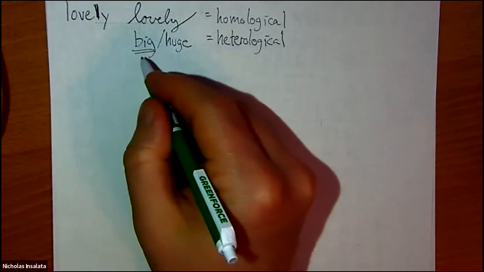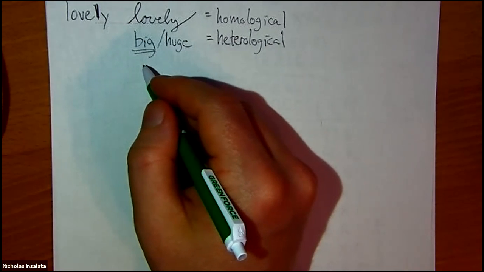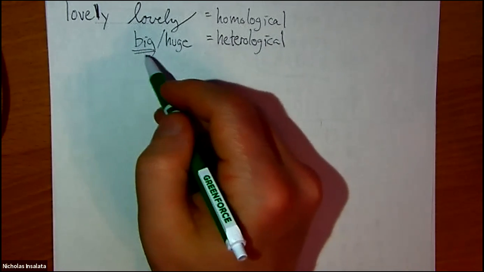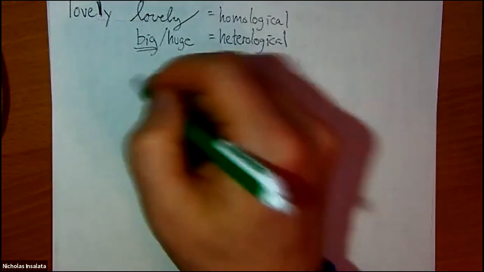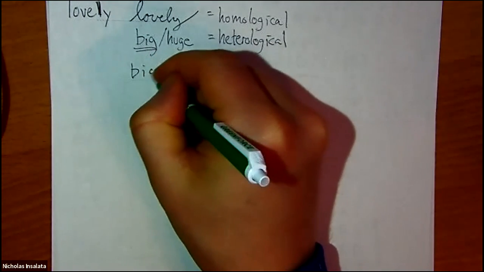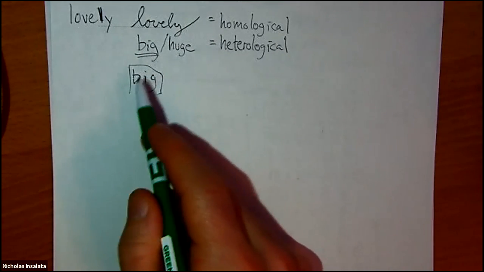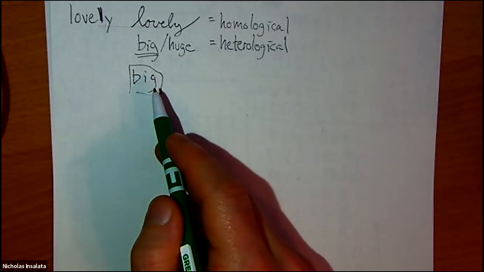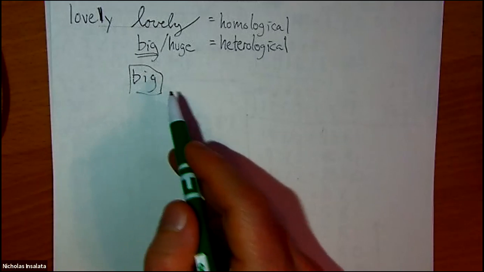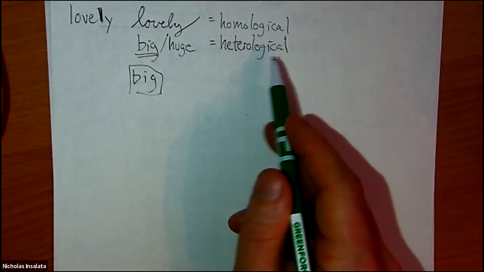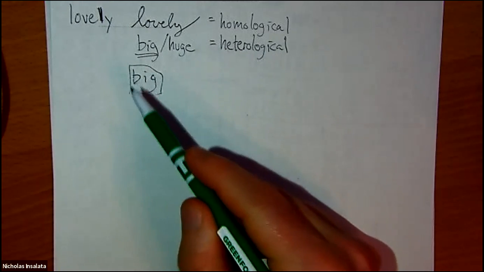right? The word big, you know, the arrangement of lines on this page, with a B and the I and the G, right? That's a noun. That's a concrete object, right? This arrangement of ink on my paper. So heterological then, I would say, is an adjective that describes the noun big.